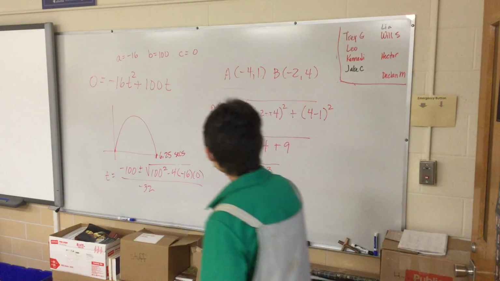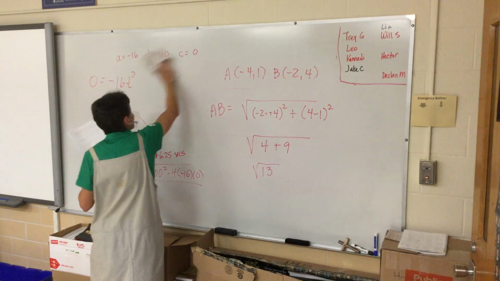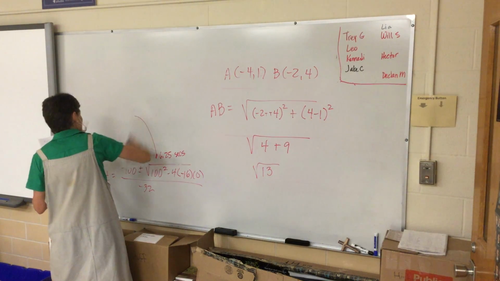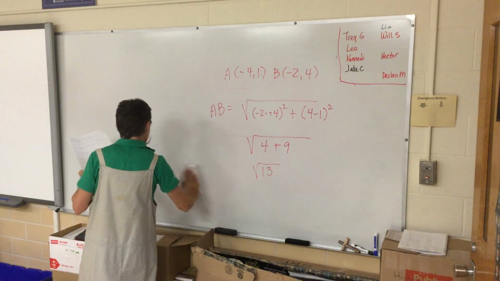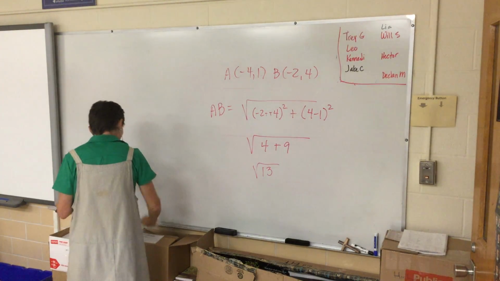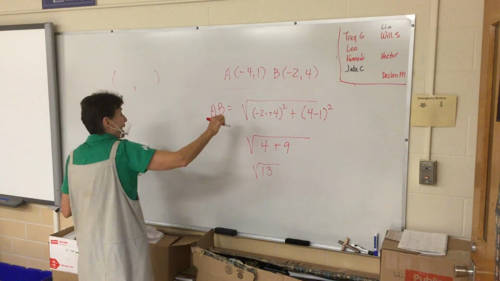Okay. All right, midpoint. Now we have the same 2 points, and we want to find the midpoint. Average. Yep, midpoint is average. So we're going to take our 2 x values from our points, and we're going to add them.